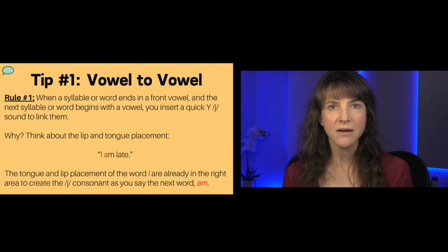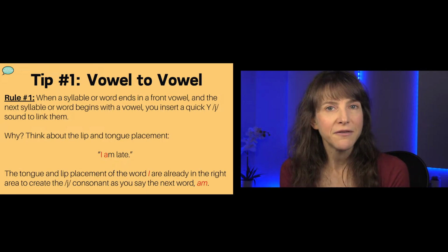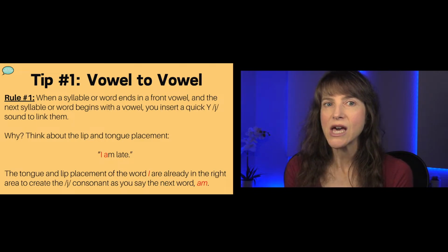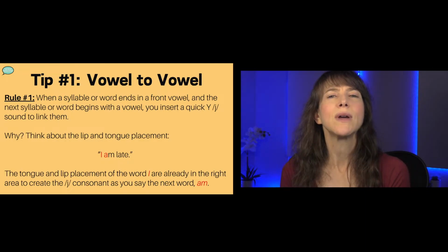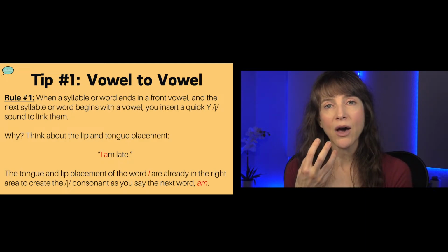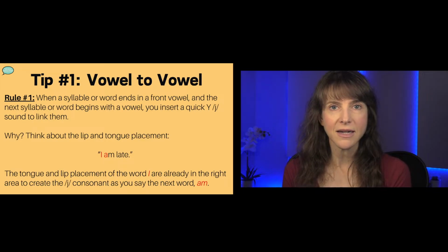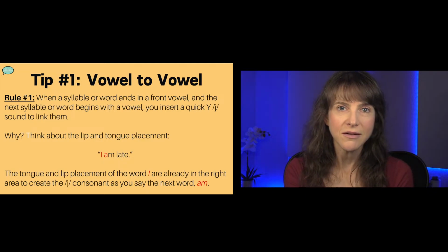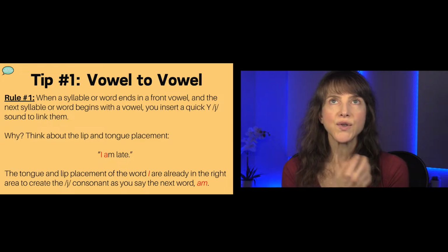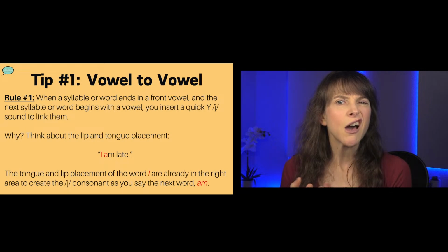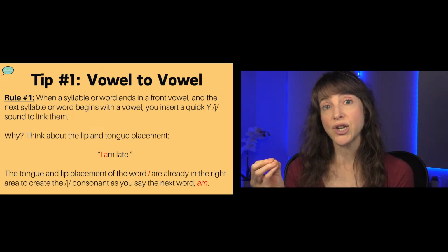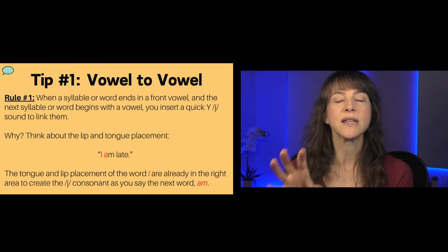I am. So at the end of that front vowel, I, the tongue and the lip placement of that vowel are already in the right area in the mouth to create the y consonant as you transition to the next word am. So you can feel it. I am. There's a little y sound in there as you transition from the I vowel to the next vowel.